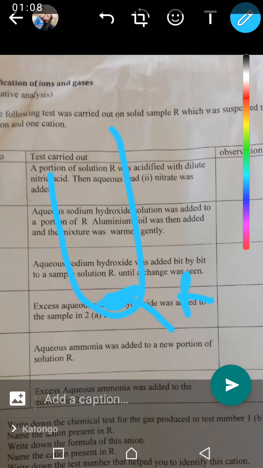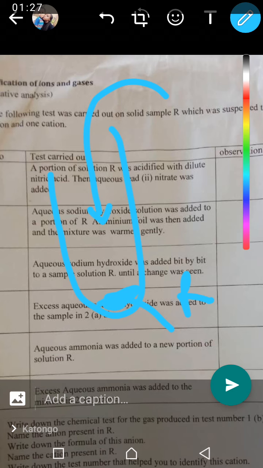So you put solution R in here. After that, that's when you add the dilute nitric acid. You begin to put an acid in here, dilute nitric acid. That's what they're saying: to a portion of solution R, add dilute nitric acid. So you pour an acid inside solution R. Okay? What do you see?